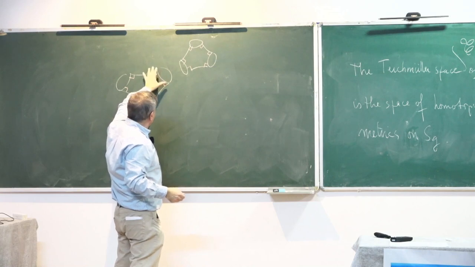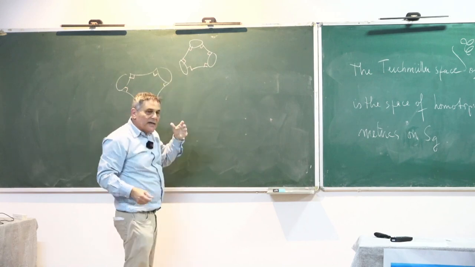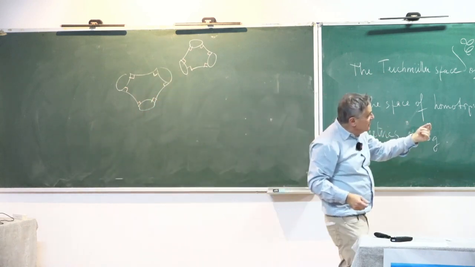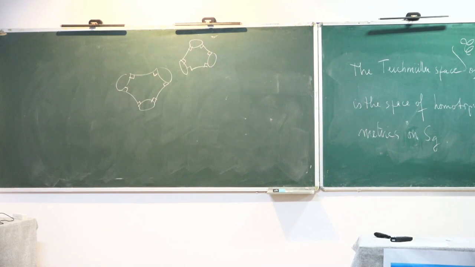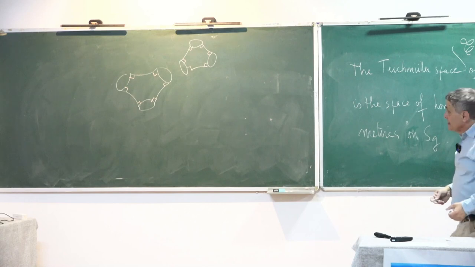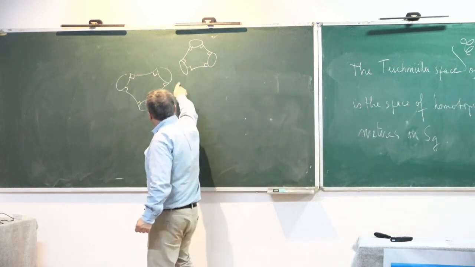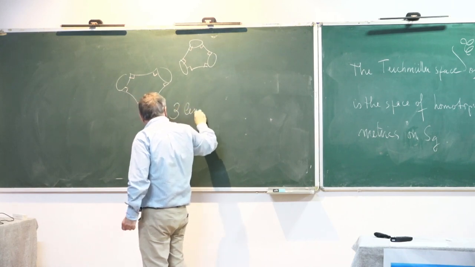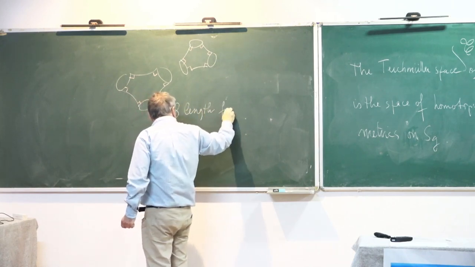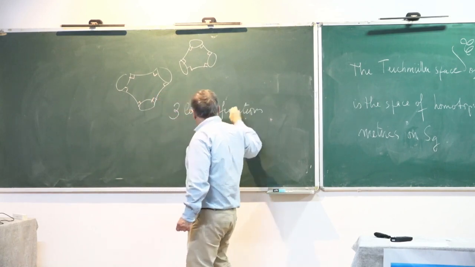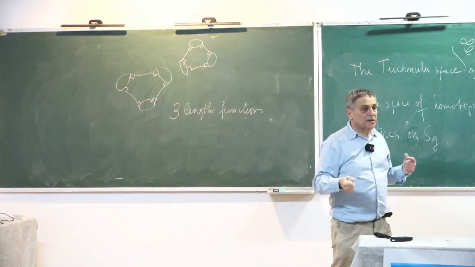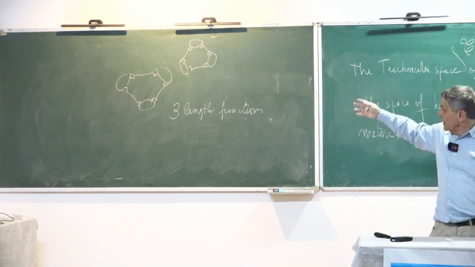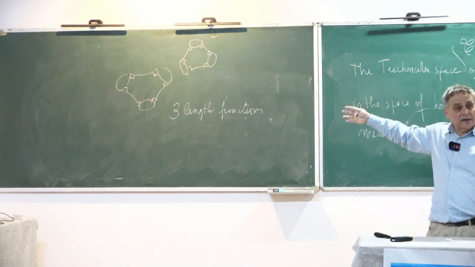So you must be almost sure, in fact, that among these length functions of simple closed curves, I have this one, two, three, and then here the same. I have 3 length functions which present themselves immediately to me and which are important.